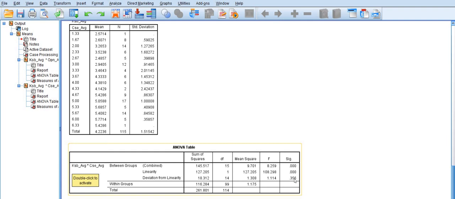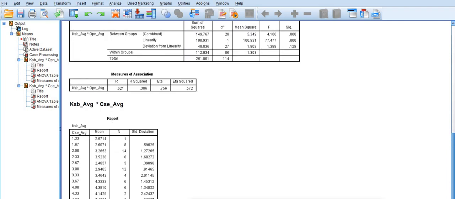Therefore, you will conclude that this pair of variables in your regression model fulfills the linearity assumption of the regression model. Therefore, you will conclude that your overall regression model is fulfilling the Gaussian linear regression model assumption of linearity.